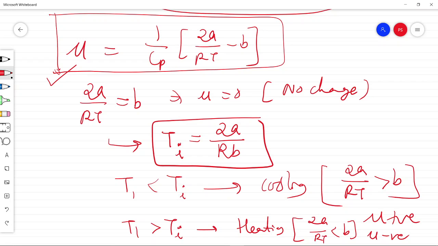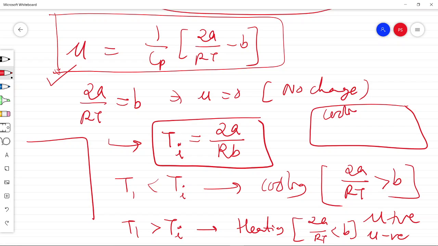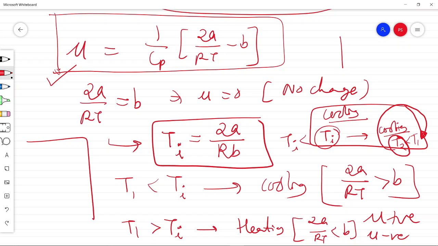So in order to achieve cooling, we must start with the temperature in region 1 to be smaller than Ti, so that the temperature in region 2 is lower than T1, so we get cooling, T2 less than T1. And if now this gas is again fed back into region 1, it has to be a repetitive process.